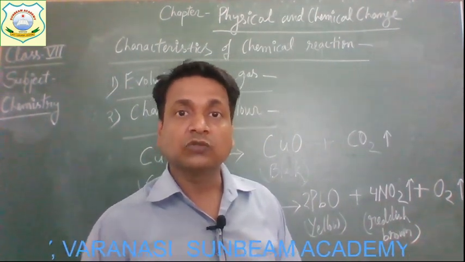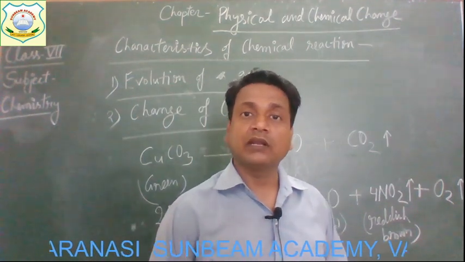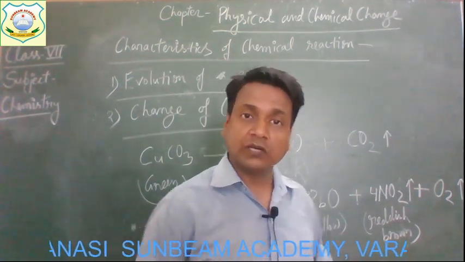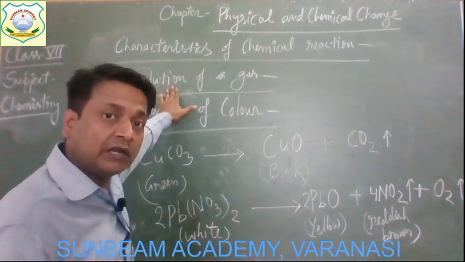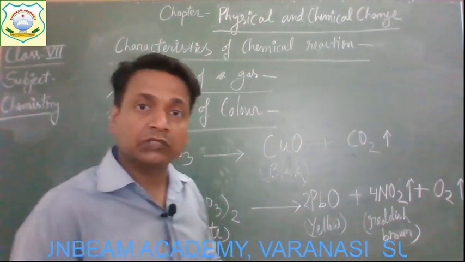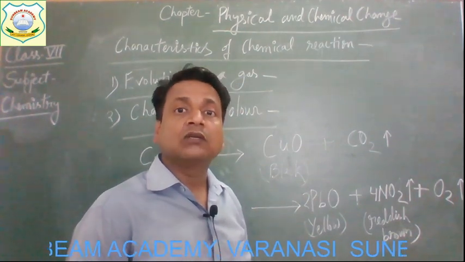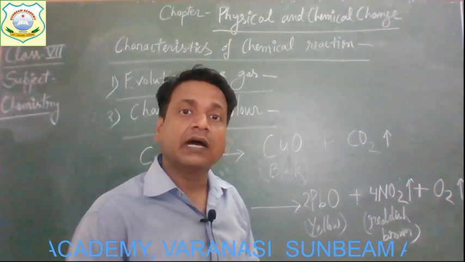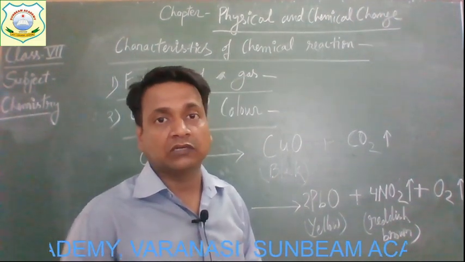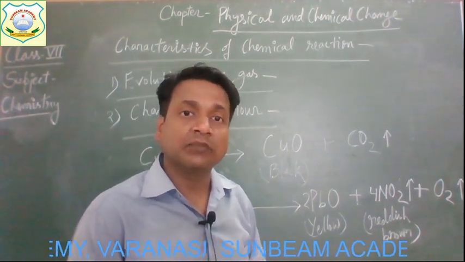Understood children? So the characteristics of chemical reactions are: the first one, evolution of gas. Some gases will evolve, like carbon dioxide, hydrogen, nitrogen, oxygen, etc. That indicates the occurrence of a chemical reaction. And we can check the presence of these gases.